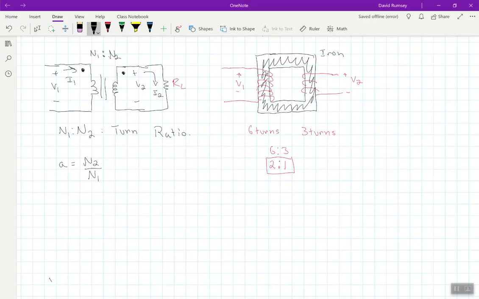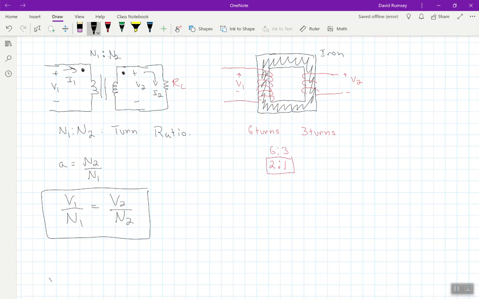But let's go back here and look at how we can use these turn ratios to compute some output voltages. There are a couple of very important equations you want to keep in mind. As I said, I'm not going into the theory on where these come from. The first one is V1 over N1 is equal to V2 over N2.